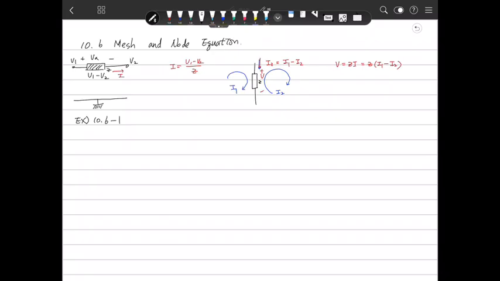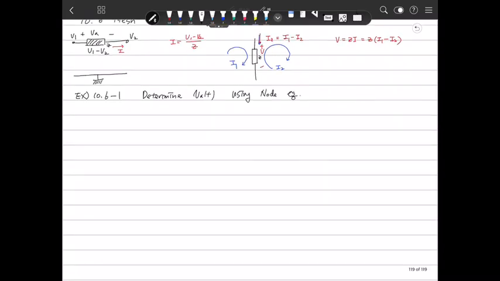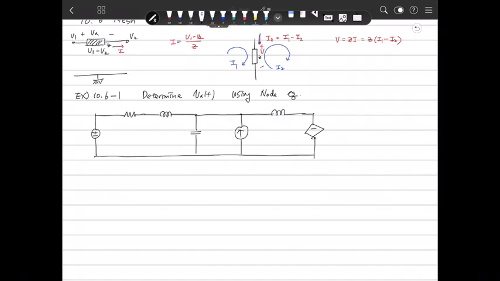We're going to determine the voltage VA using the node equation. Look at this, it's a little bit simple. There is one source here and a resistor and inductor and capacitor and current source, inductor, and the dependent voltage source here.